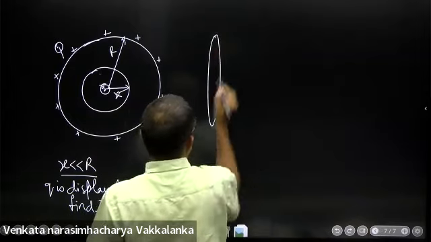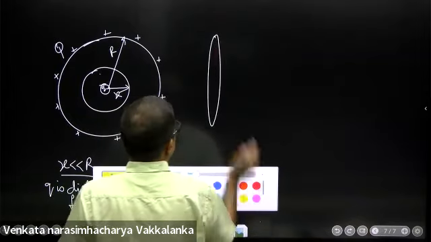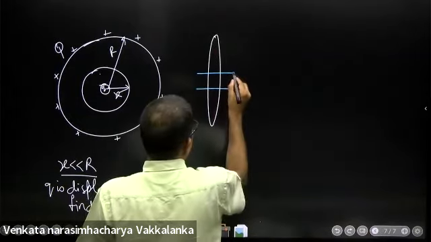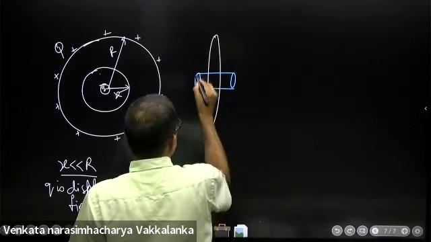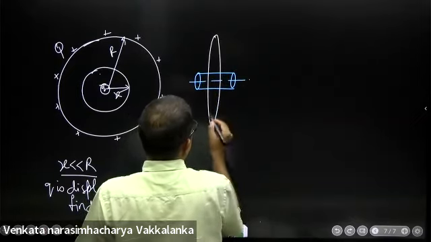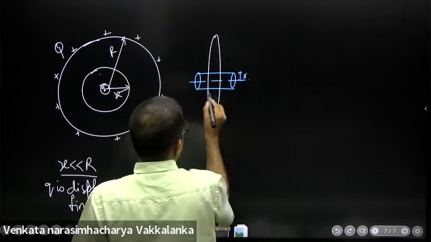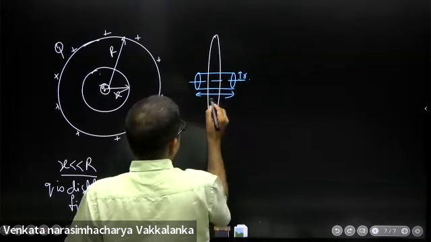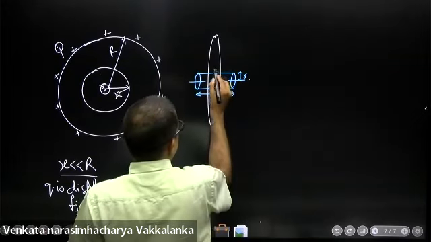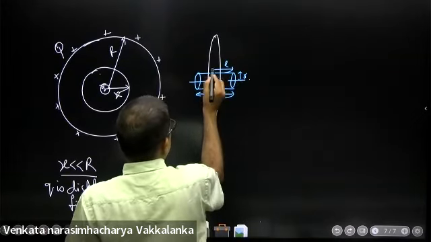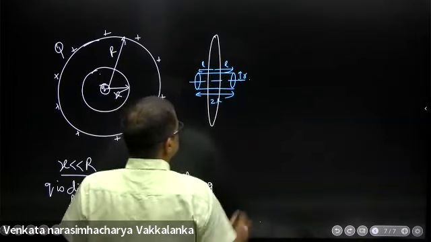If the ring is like this, I'll consider a cylindrical Gaussian surface. This distance is R. This total distance is 2L. That means the right distance is L, the left distance is L from the center.